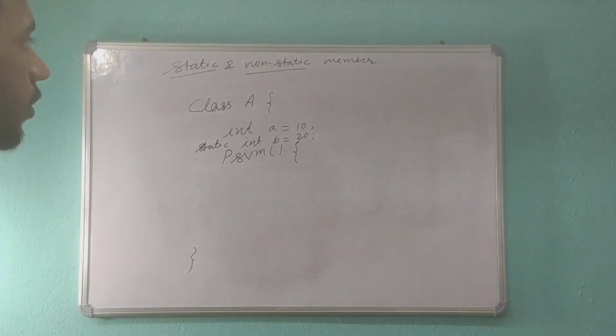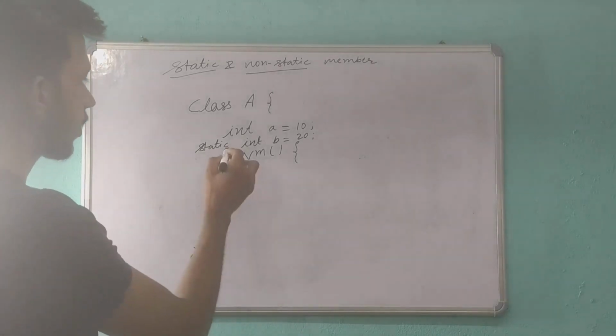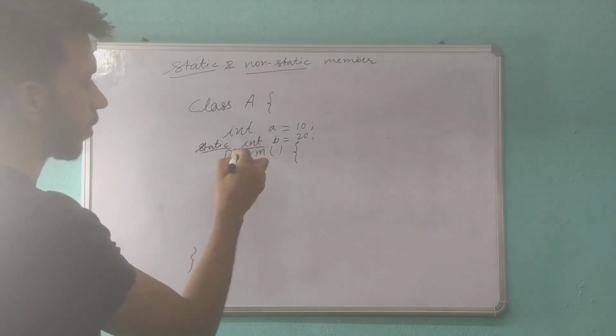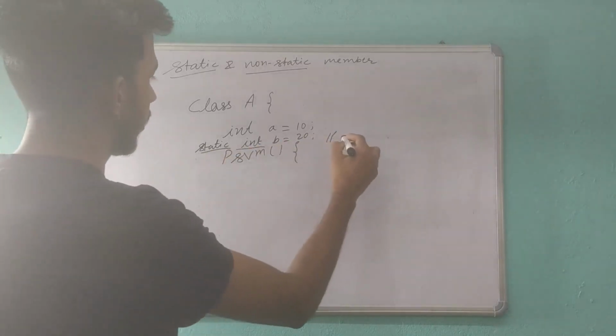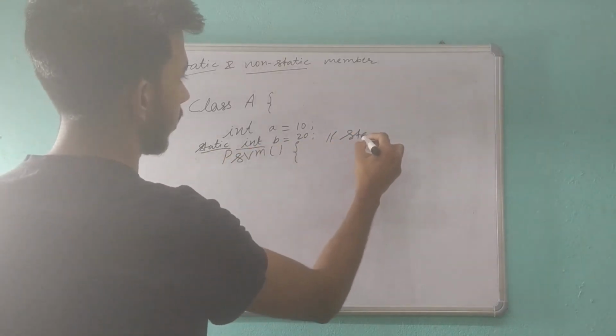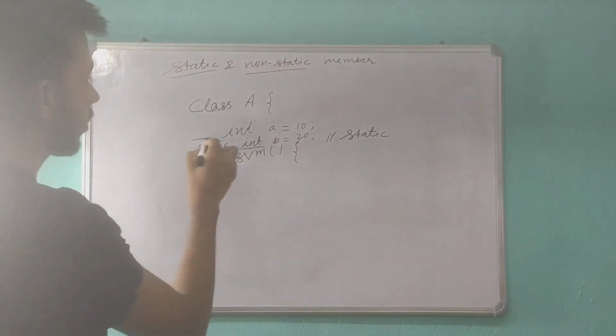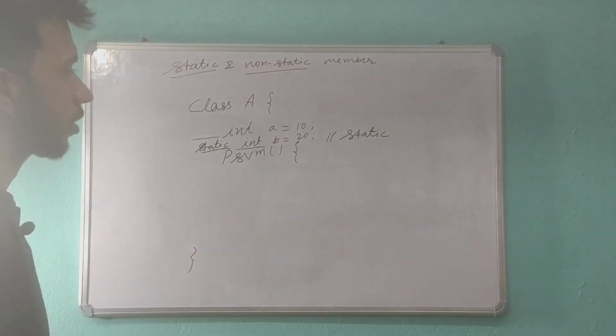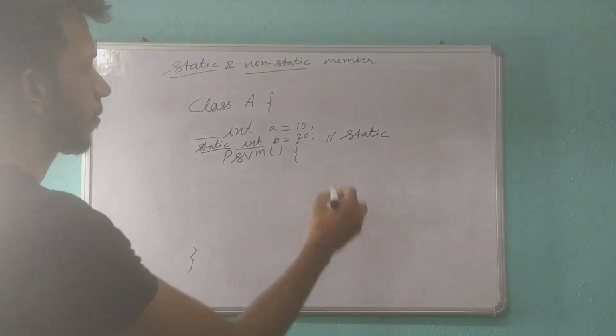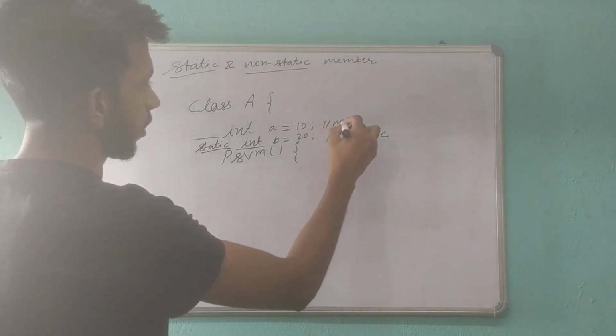How can you know which is static and which is non-static? If a static keyword is used before the data type, that means this is static. Here the static keyword is not used, so this is non-static.